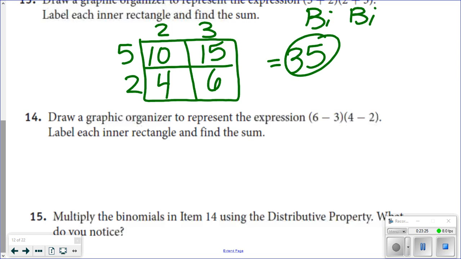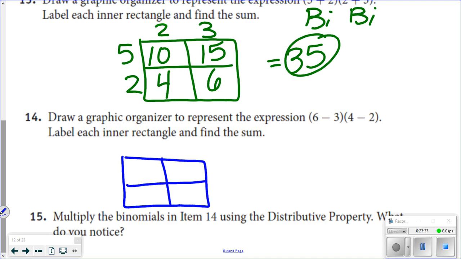Okay, go ahead and pause and do question 14. Six times 4 is 24, negative 12, negative 12, positive 6.